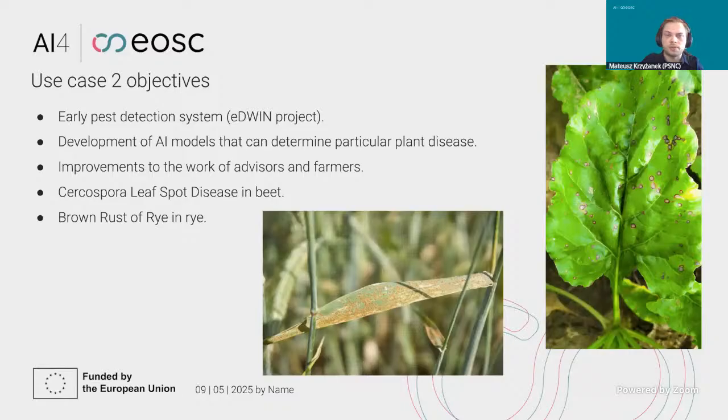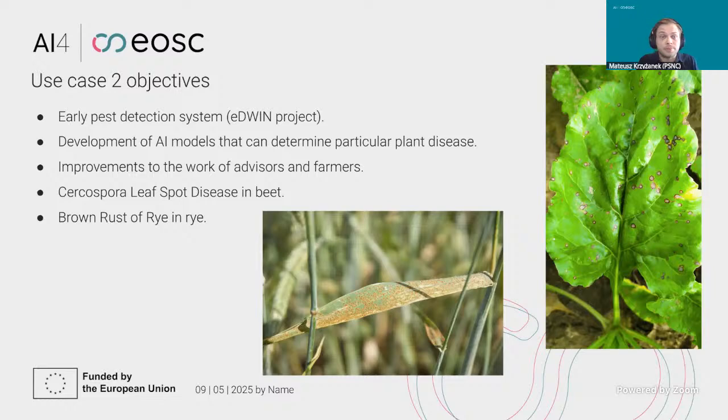Early detection of plant diseases is critical from both an economic and environmental perspective. The sooner a disease is identified, the greater the chance to contain its spread and take effective action with minimal input. Delayed recognition often results in the need for more frequent chemical treatments, which increases production costs and puts additional pressure on the environment. Yield losses caused by diseases can reach several dozen percent in extreme cases.